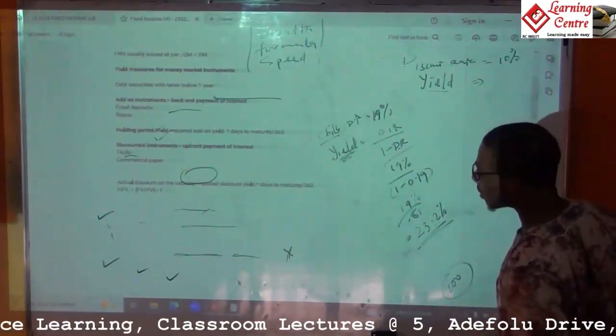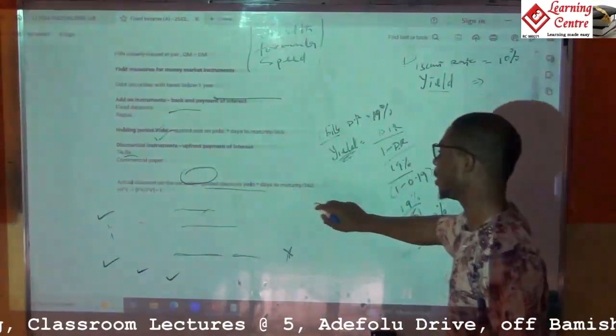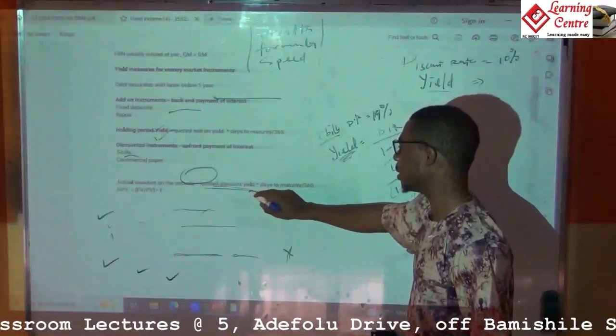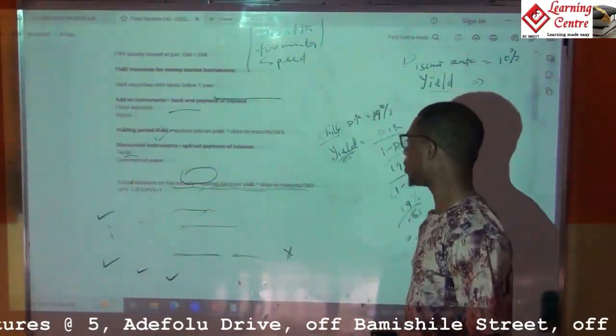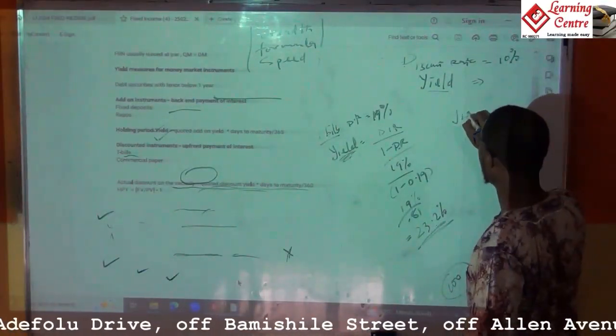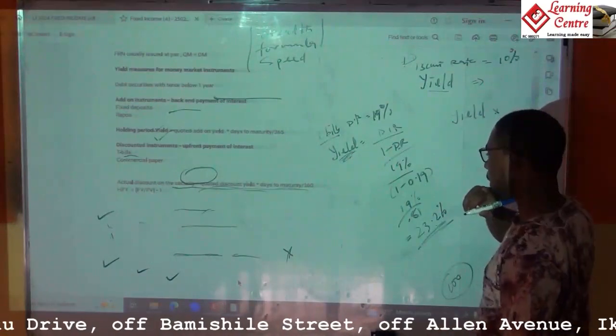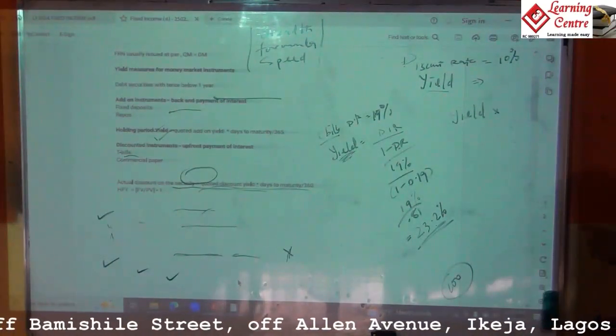Another thing you want to calculate for a discounted instrument is the holding period yield. So I know the yield now. Then another thing we do is also analyze. We are not going to do it only for 1 year.